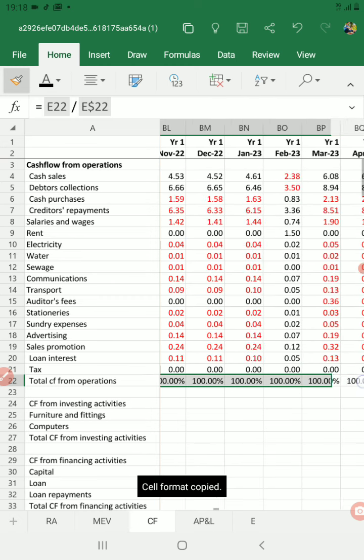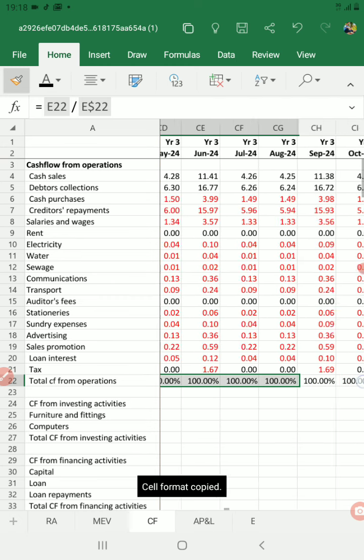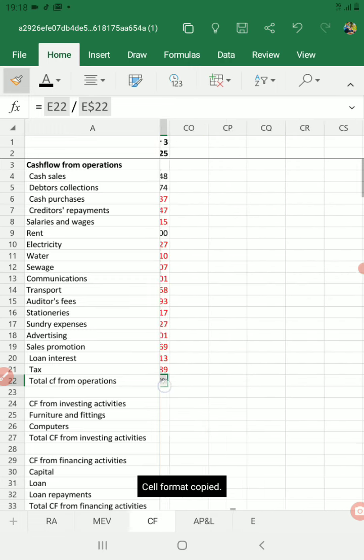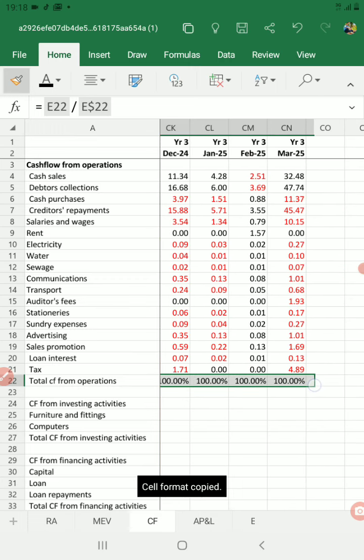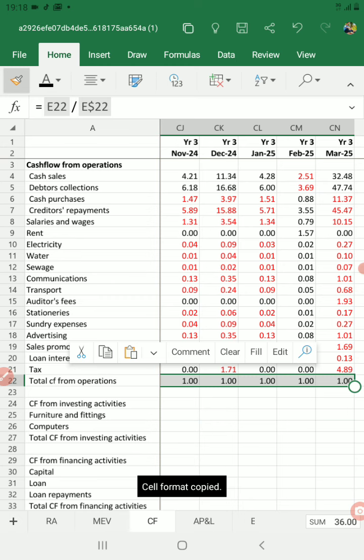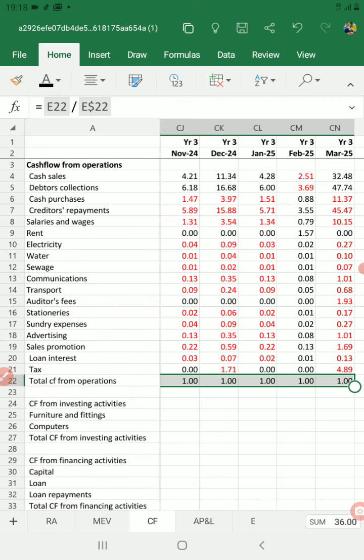All of these should have the same formats. So now we are talking about the multiples.